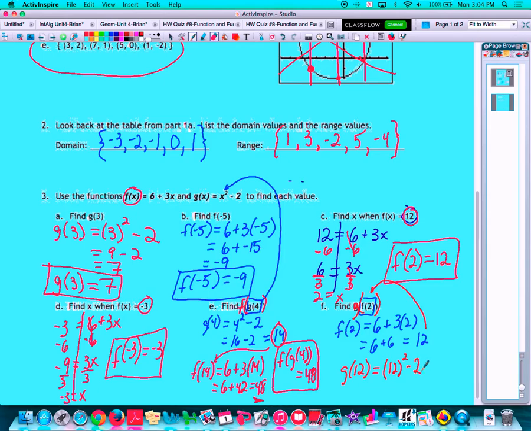So remember the g function up here is g of x is x squared minus 2, so we're putting 12 in for x there, which would be 144 minus 2, which is 142. So our final statement, we're just copying what we had originally here, g of f of 2 is equal to our final output of 142.